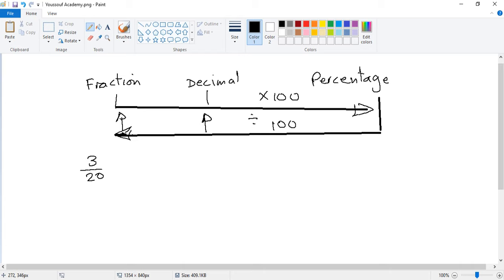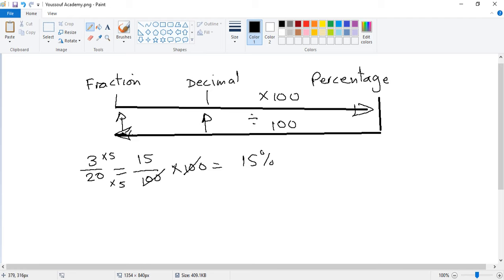To make this 100, we have to multiply this times 5. If you multiply this by 5, it will be 15 over 100. And to change it to percentage, we have to times it by 100, so it will be 15%. So 100 cancels 100.